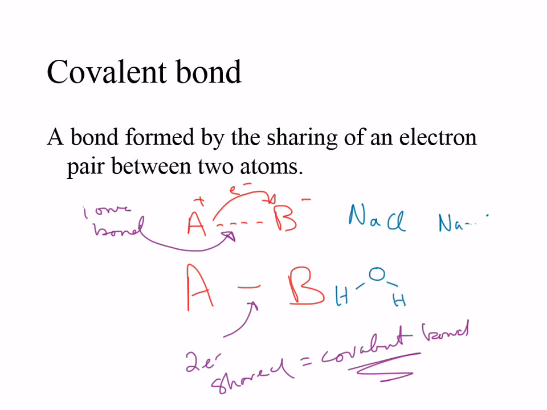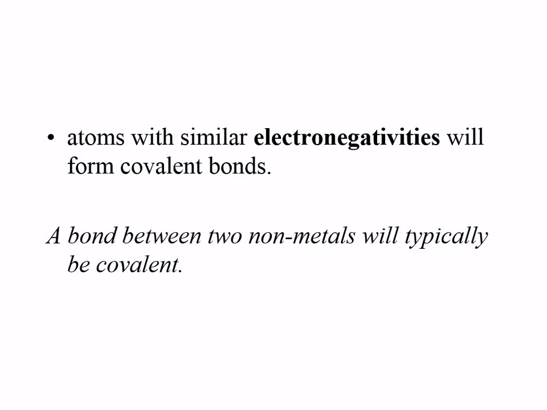Na dot dot dot Cl. Just for kicks, I'll put a plus on the Na and a minus on the Cl. All right. Covalent bonds, electrons are shared. Oops. I missed something.